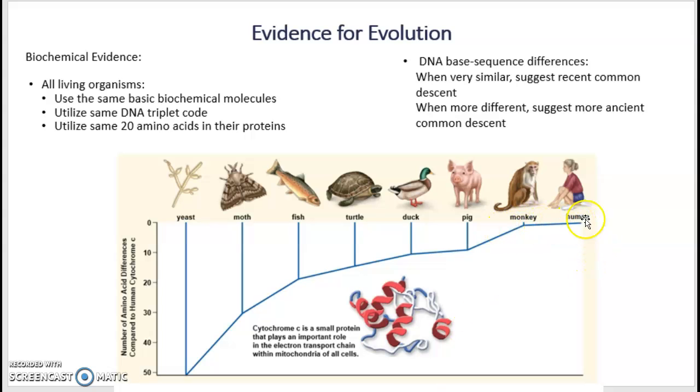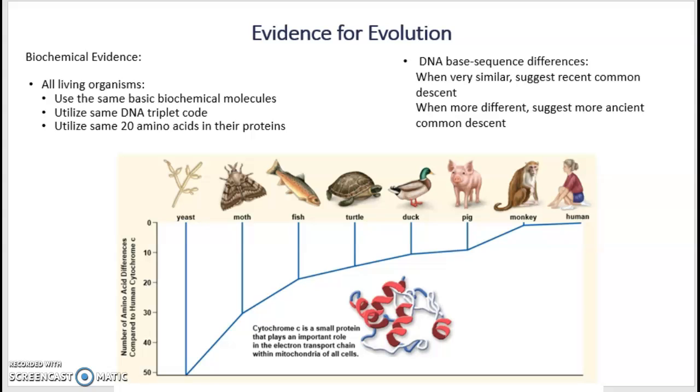So humans and monkeys have almost no differences at all between their cytochrome Cs, these big molecules. But if you look at a human versus a yeast, there's a huge difference in the cytochrome C molecule, the protein.